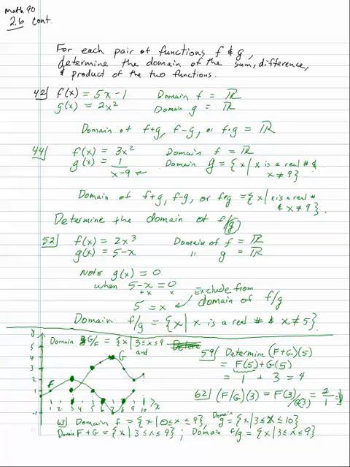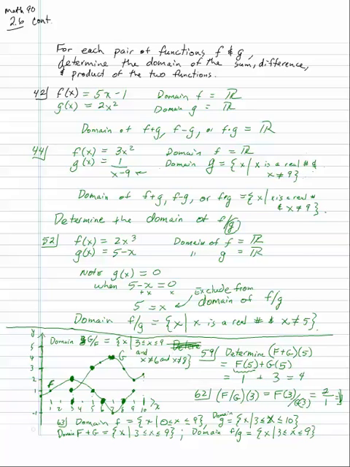So we see here at 6, f is equal to 0. F of 6 is 0. The y value is 0. And at 8, f is 0 too.